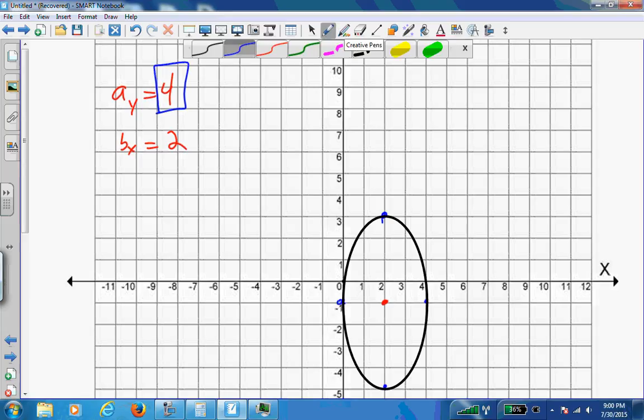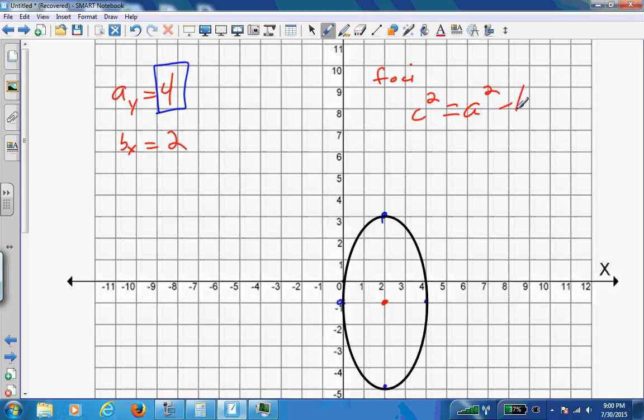Now, like a parabola, an ellipse has a focus. In fact, it has 2 foci. And the way we determine the focus is find out c. And for an ellipse, c squared is a squared minus b squared.